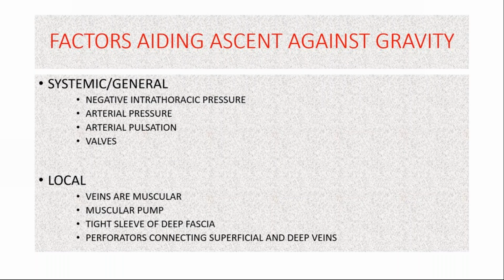The tight sleeve of deep fascia is important because it is unyielding, and because of this unyielding nature, it does not allow the muscles and the veins and the arteries to yield out, so that the local factors and other systemic factors work in perfect tandem with each other.